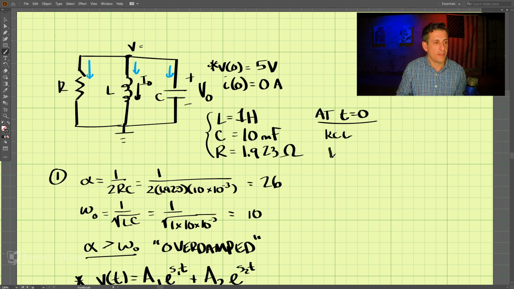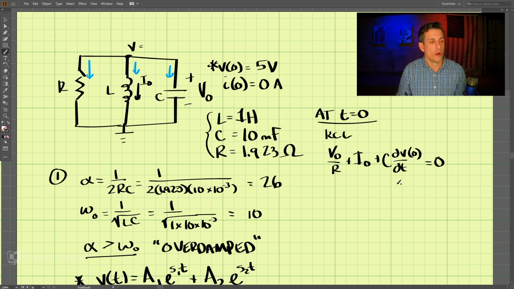So we know that the current here is V naught divided by R. And we know that the current here at time 0 is I naught. And then we know the current here is equal to C dV/dt at time 0. So at time 0, we have this equation, and that is equal to 0. Okay? So what we want to do is solve for dV/dt.